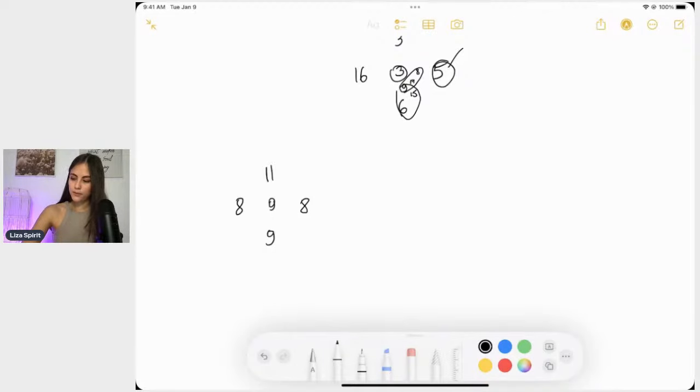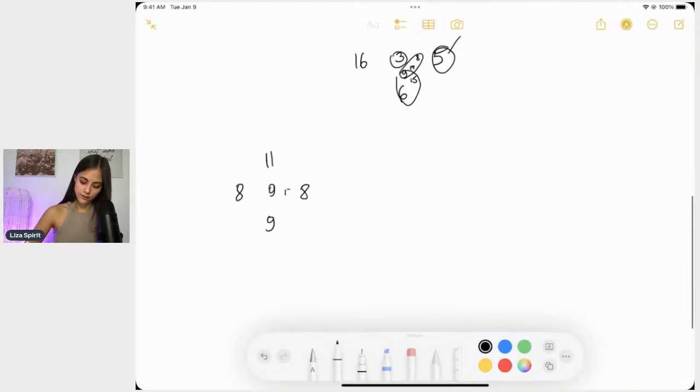9 plus 8. That's 17. It's 18. 18 plus. 9 and last. 35. That would be 8. And 8 plus 17.